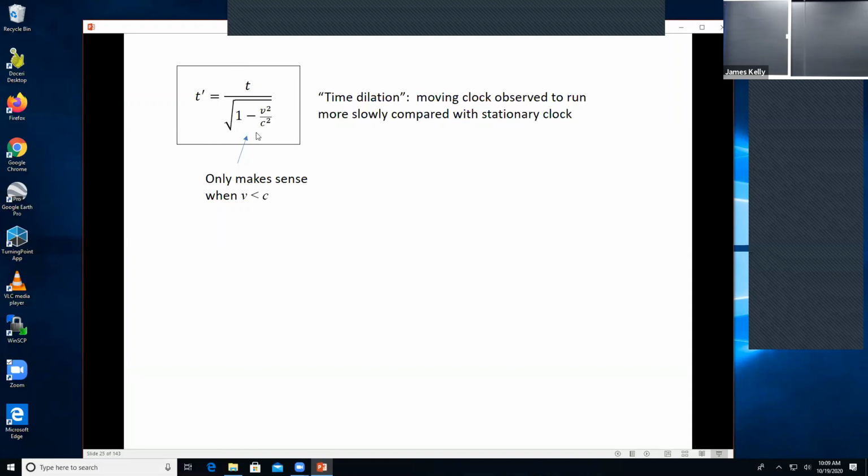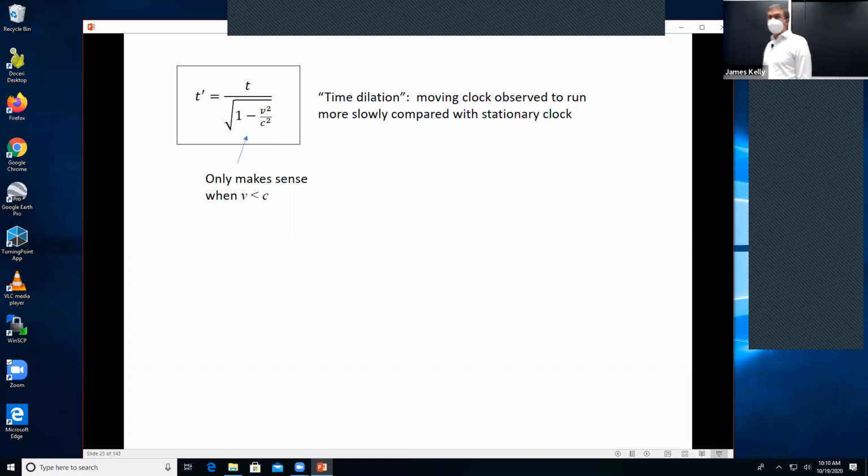The first thing to realize is that this formula only makes sense when v is less than c. Think about if v is equal to c, what would be happening in this formula? That's a no-no from your high school algebra days: we'd have a 0 in the denominator.